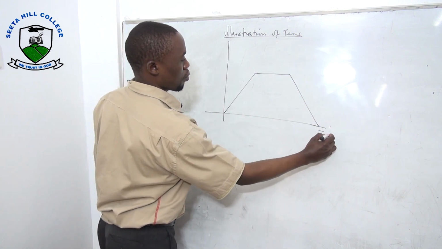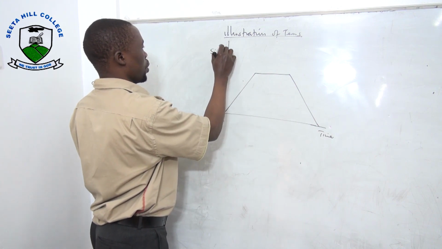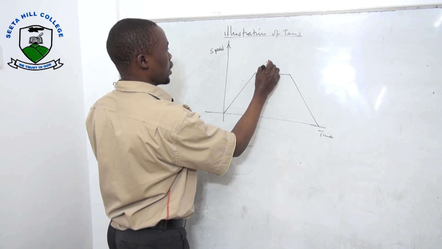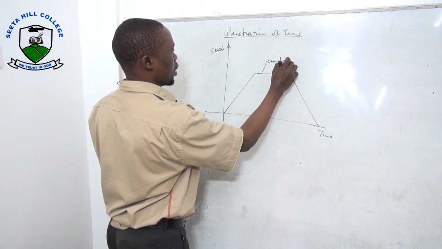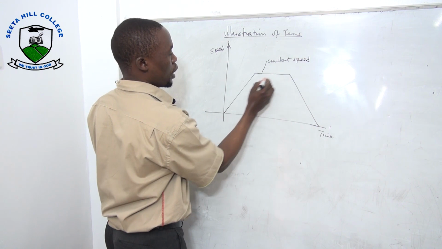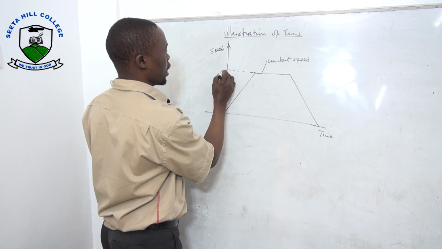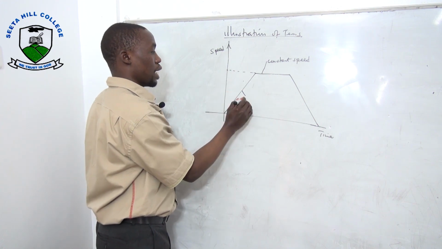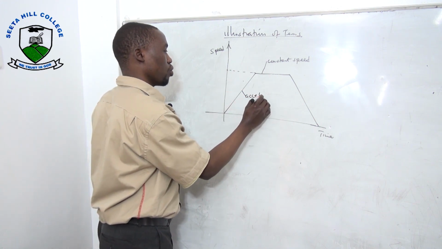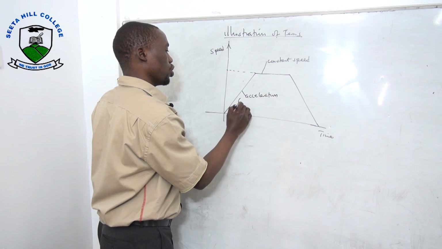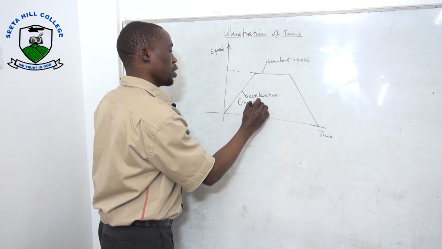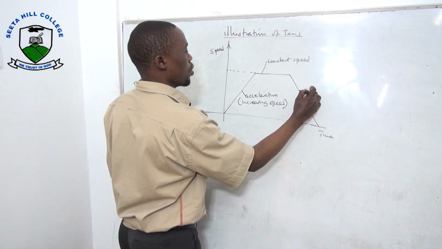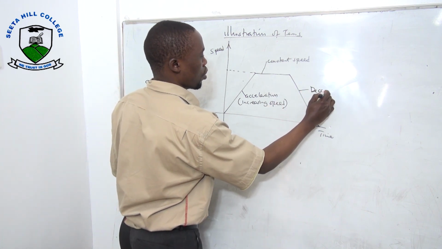This is time, this is speed or velocity. This part represents constant speed, when the speed does not change. This part represents that the speed is increasing, and when speed is increasing, we call it what? Acceleration. Increasing speed. Then we have decreasing speed called deceleration.